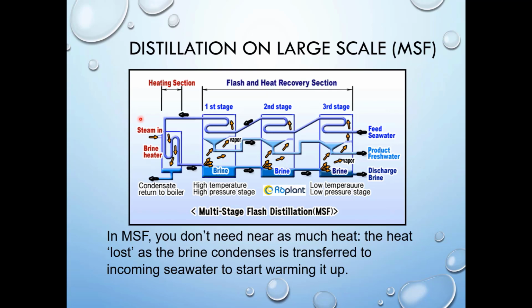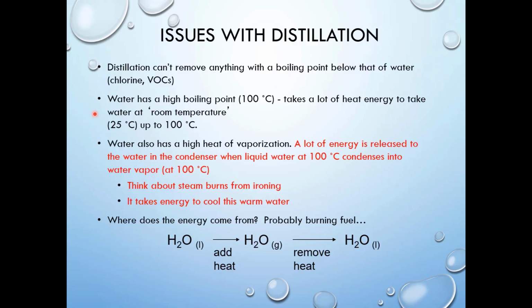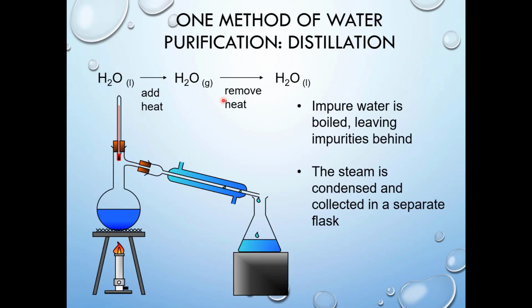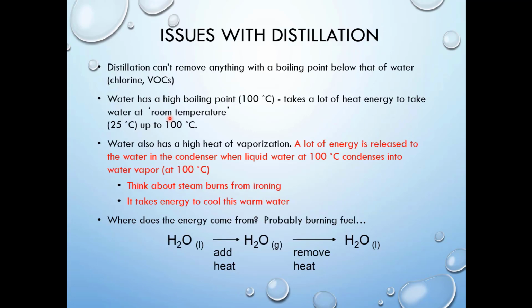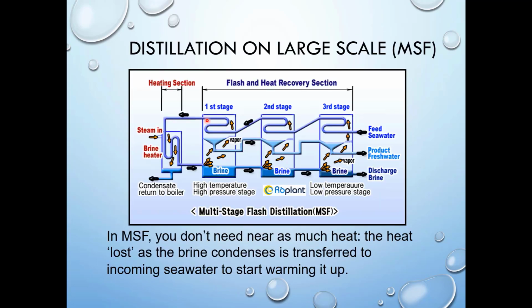Basically, the heat that gets removed, all of this heat that's leaving the condensing water anyway, is then contributed to the heat that boils the next batch of water in the first place. So you've got batch 1, batch 2, batch 3, and this vapor helps warm up the next stage of brine that is getting boiled.